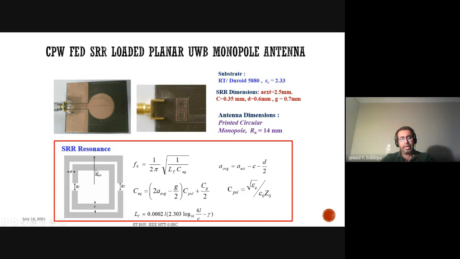So you can have any antenna which works for 1 to 20 gigahertz, but if you want to weed out some of the frequencies, you can design your SRR using this calculation. You design it, place it strategically on the antenna without affecting the antenna performance, and still weed out this frequency. So that's why we are calling it a filtering antenna.